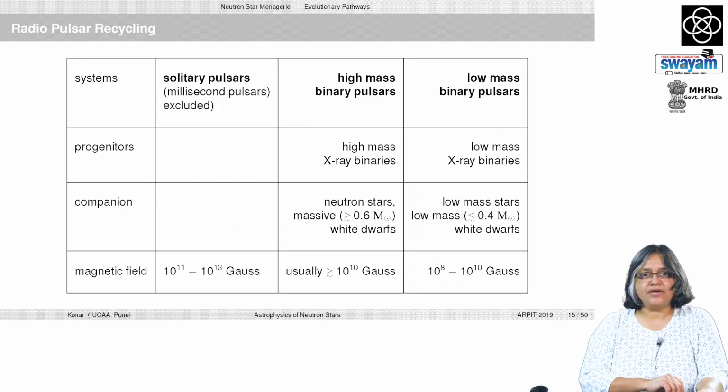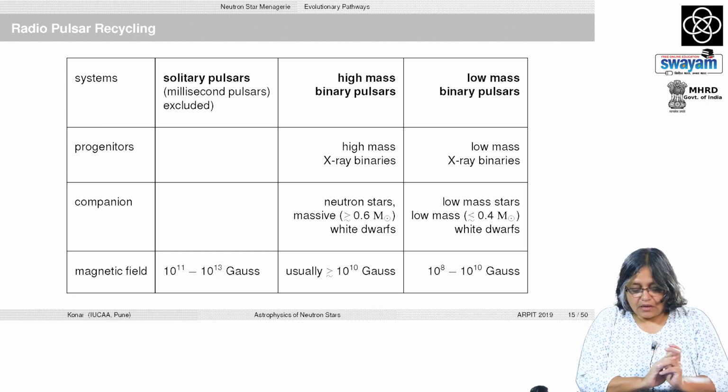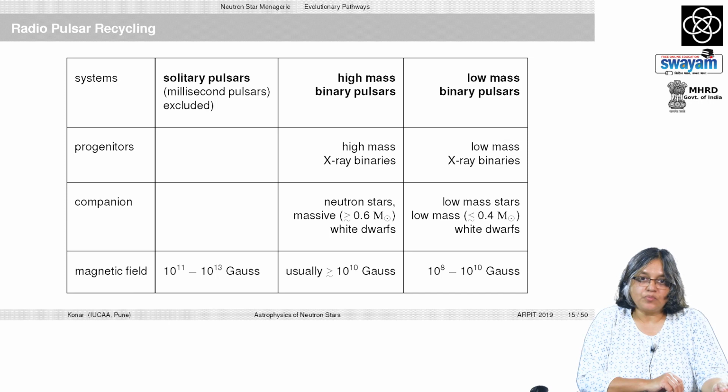So, here is a summary of radio pulsar recycling. The solitary pulsars, excluding the millisecond pulsars, have magnetic fields around 10^11 to 10^13 Gauss and slightly larger spin periods.